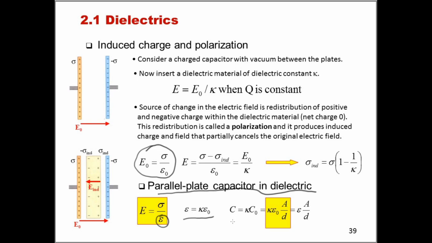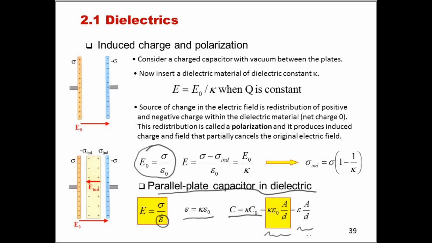And we can also now calculate the new capacitance of the capacitor in presence of a dielectric material between the plates. We can demonstrate that the capacitance of this device is K times the capacitance of the corresponding capacitor in vacuum. And so the formula becomes basically this one here.